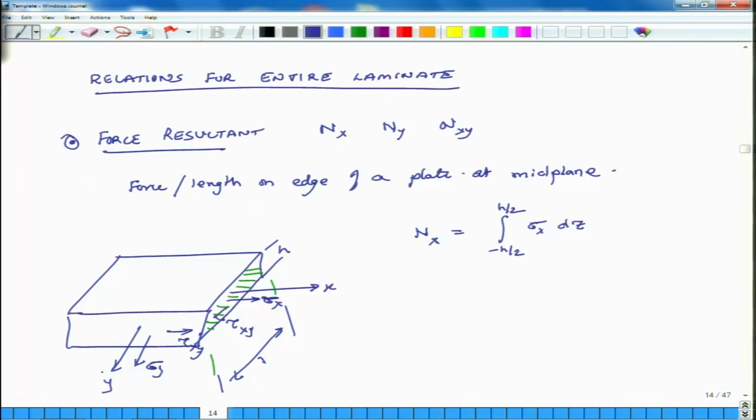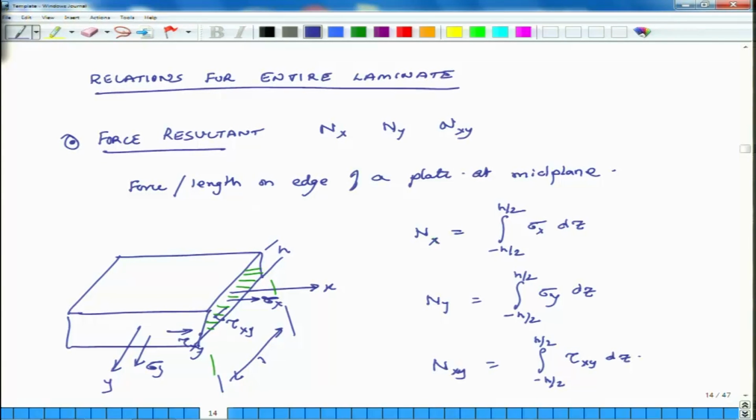Similarly, Ny is equal to the integral of sigma y dz, and Nxy is equal to the integral from minus h by 2 to h by 2 of tau xy dz.